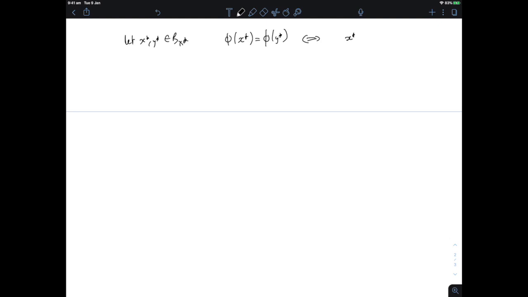It means that x star minus y star of x is 0 for all x in X, and that's exactly saying that as linear functionals they are equal. Right, so phi is a bijection, because it's injective, and of course it's surjective onto its image.